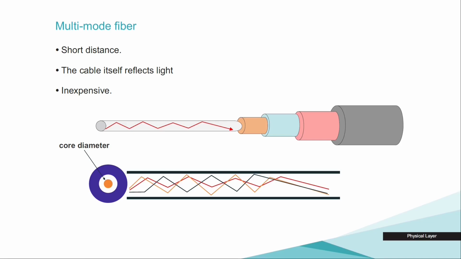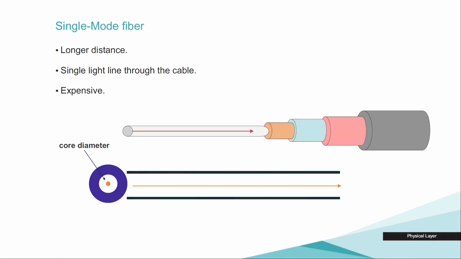The multi-mode fiber cable is inexpensive compared to the single mode. Then we have the single mode fiber. It supports longer distance than the multi-mode. The light in the case of single mode goes in a straight line, as we can see in our example here. Unlike the multi-mode, this type of cable is expensive.